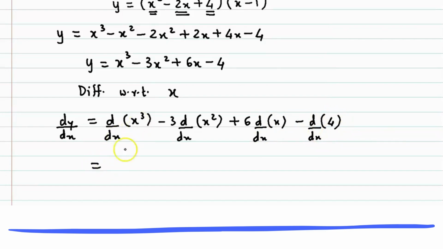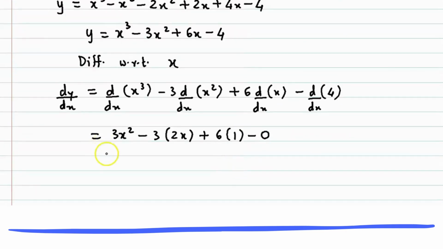Now the derivative of x³ is 3x², −3 times the derivative of x² is 2x, plus 6 times the derivative of x is 1, and the derivative of a constant term is 0.